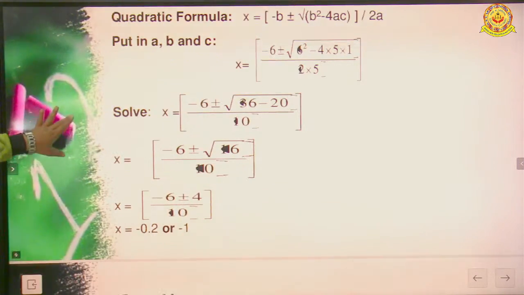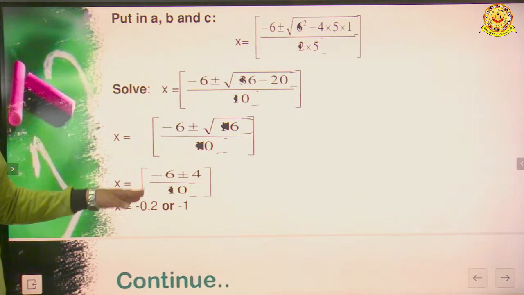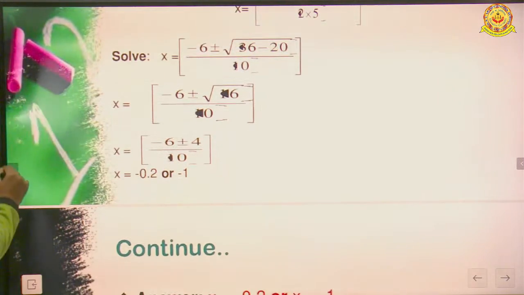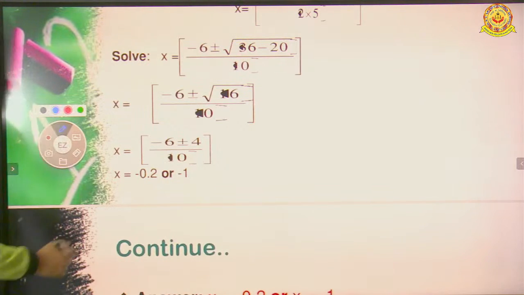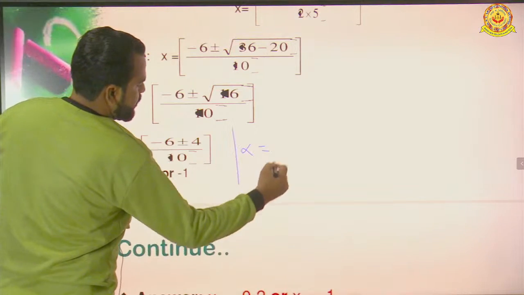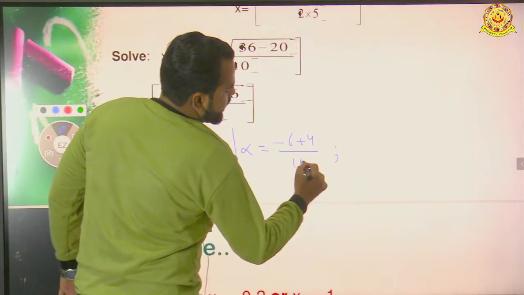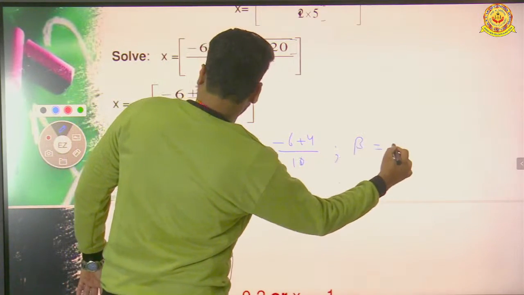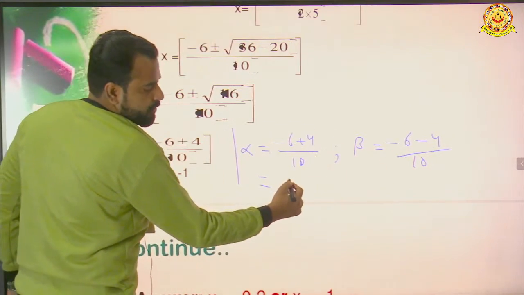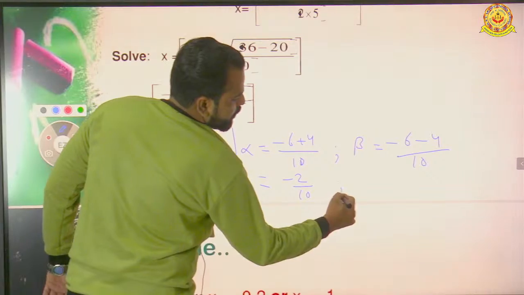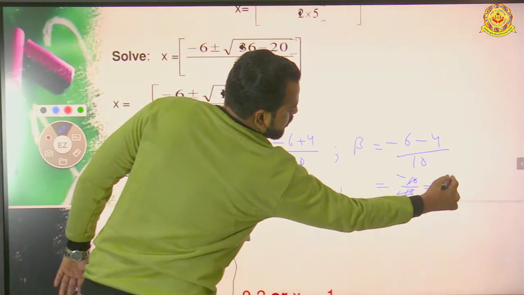So what are the roots? Minus 6 minus 4 will be minus 10 upon 10. Looking here, taking the positive value, alpha is minus 6 plus 4 upon 10 and beta, the second root, is minus 6 minus 4 upon 10. So alpha will be minus 2 upon 10 and beta is minus 10 upon 10, which equals minus 1.